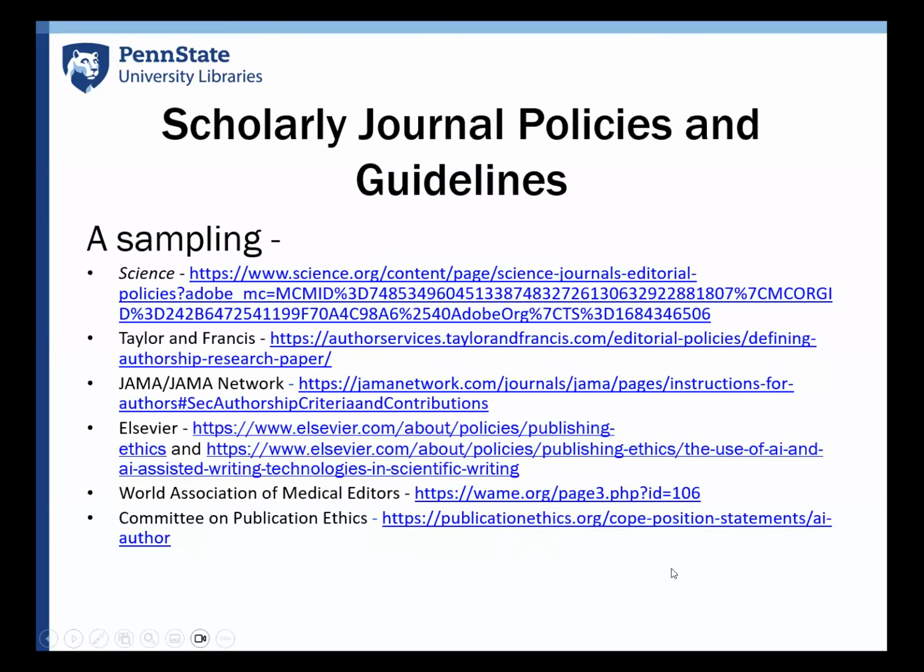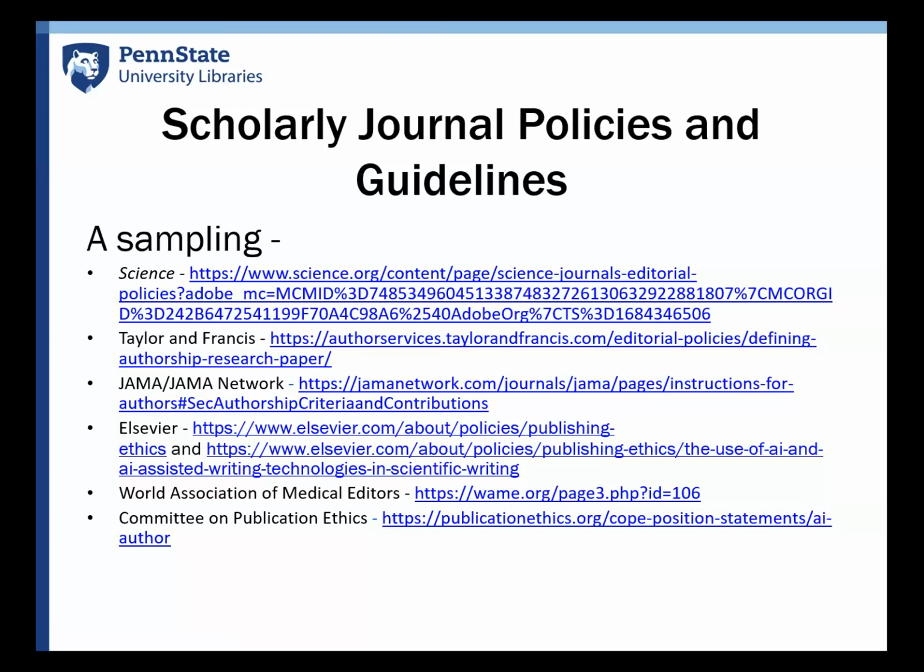So I thought it would be helpful and interesting to share a sampling of journal policies and guidelines, because these are the things that end up informing how we think and teach about these issues. I tried to get a sampling of different disciplines represented here, not just library science, because librarians have our antennas up about this already.